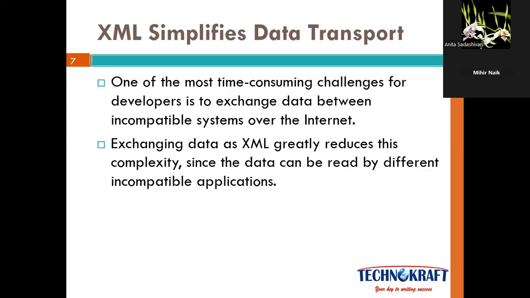XML simplifies data transport. One of the most time-consuming challenges for developers is to exchange data between incompatible systems over the net. Exchanging data as XML greatly reduces this complexity, since the data can be read by different incompatible applications.